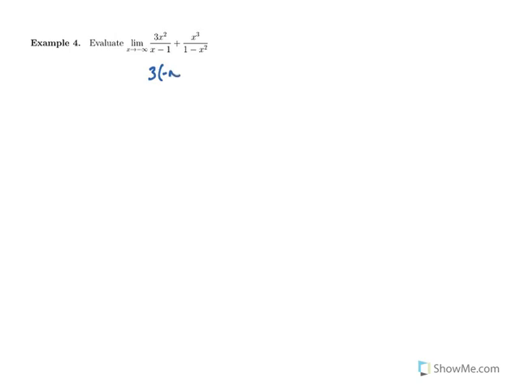We have 3 times negative infinity squared over negative infinity minus 1 plus negative infinity cubed over 1 minus negative infinity squared. And this is all just going to come out to be infinity over infinity, and we can't deal with any of that. So instead, let's try to break this up first to see what's going on.